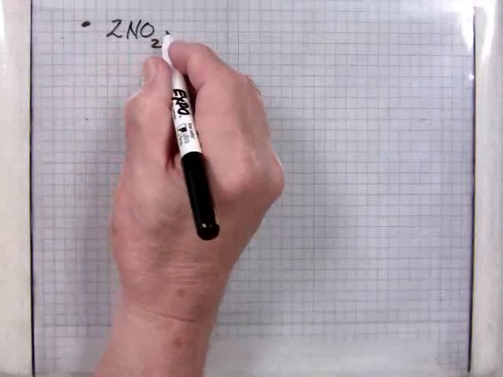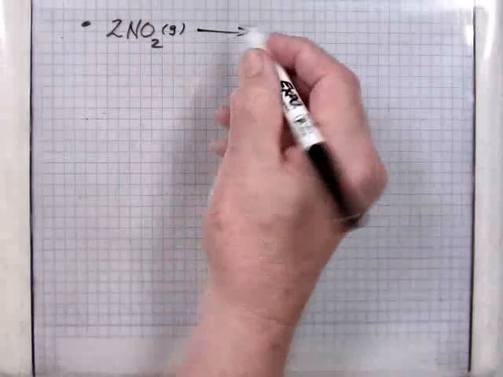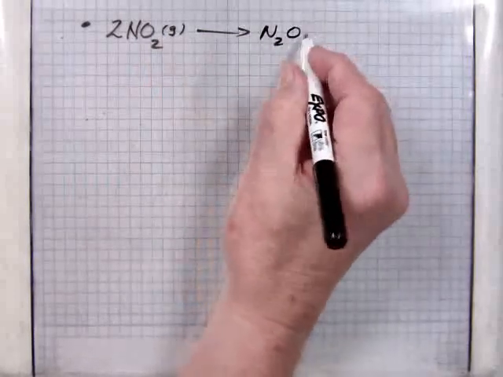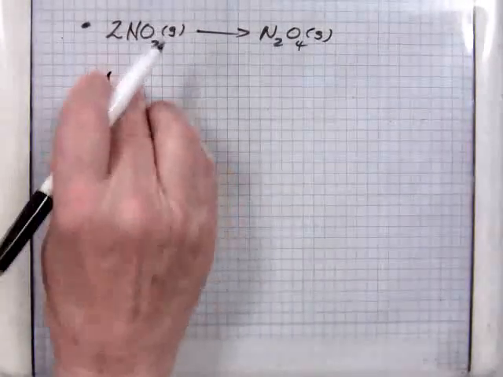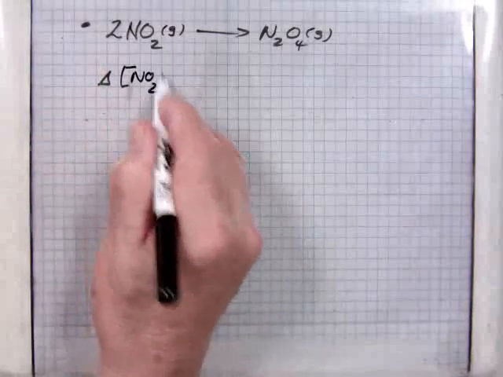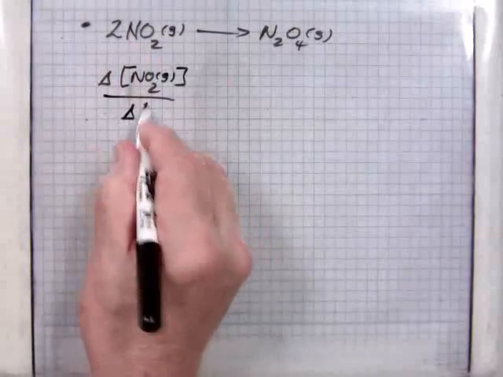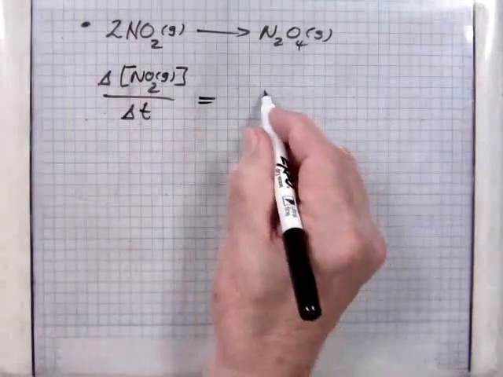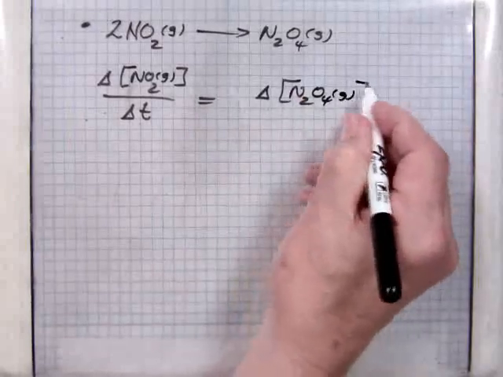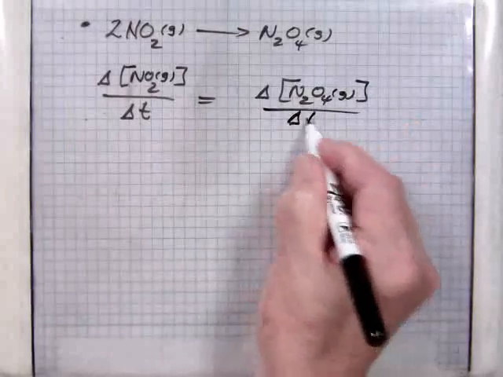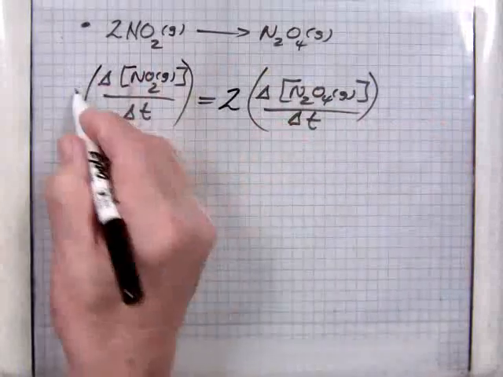Goes to 1 N2O4 gas, and so we want the change in NO2 gas over the change in time, and we want to set that equal to the change in the N2O4 gas over change in time, and swap coefficients. So we have a 2 there and a 1 there.